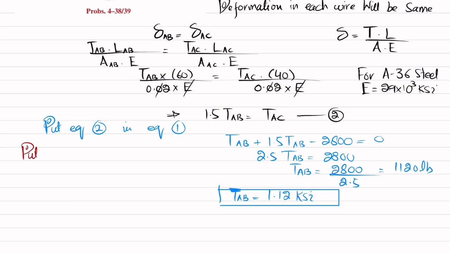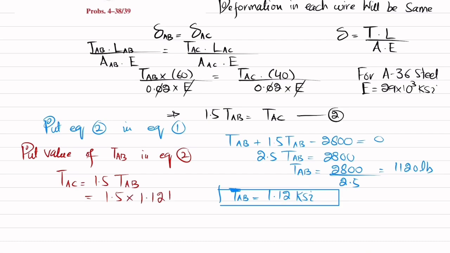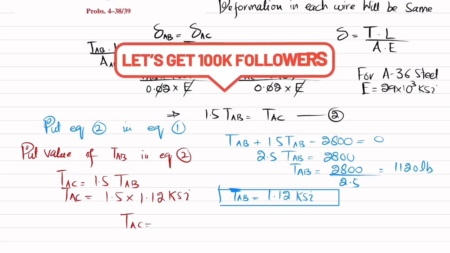Put the value of TAB in equation number 2. Equation number 2 says that TAC is equal to 1.5 times TAB. So 1.5 multiplied by 1.12 will give you TAC.